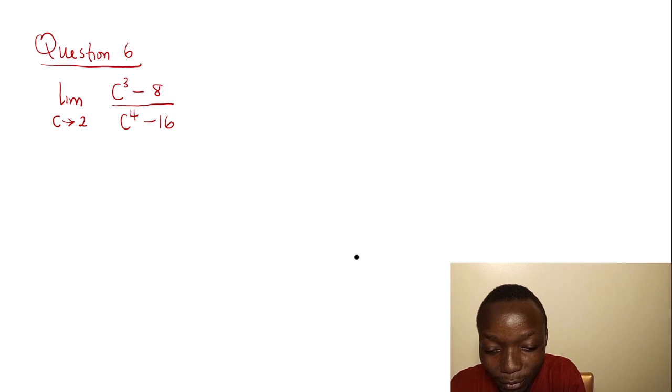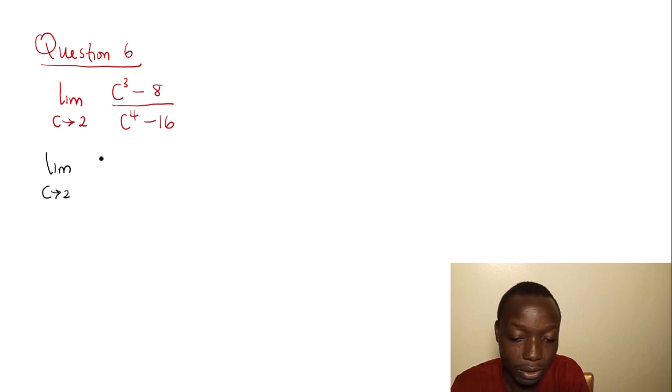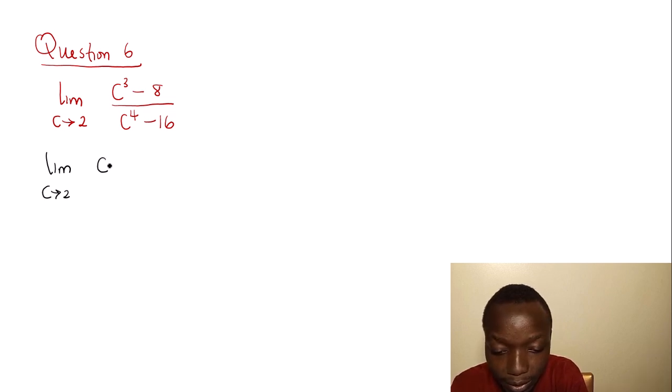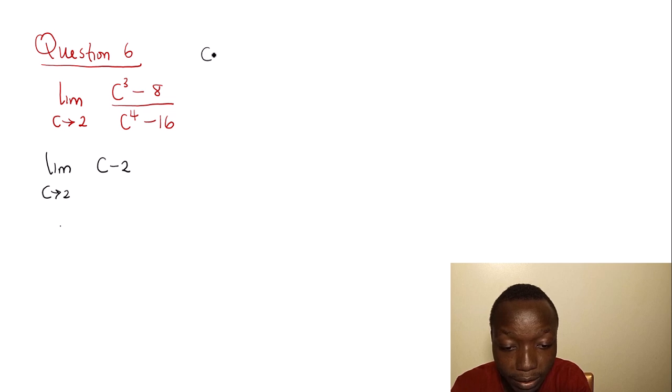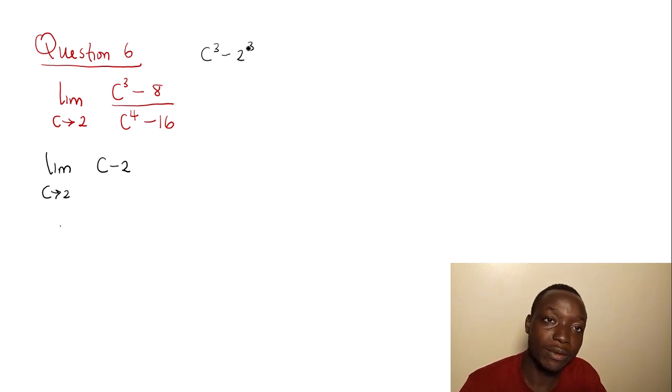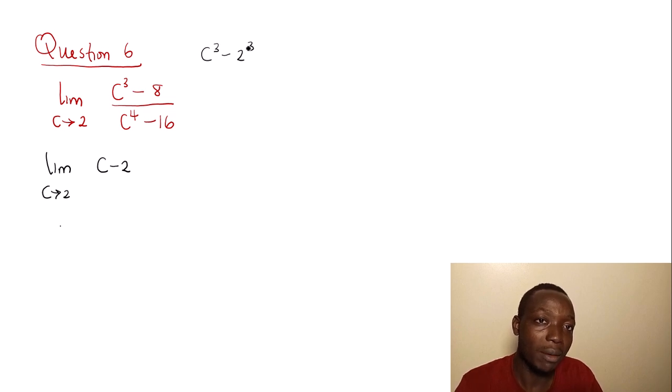So if you factorize this, you're going to have c approaches 2. The difference of 2 cubes, c cubed minus 8, is going to be (c - 2). You have to write it as c cubed minus 2 cubed. And the rule is that a cubed minus b cubed gives you (a - b)(a squared + ab + b squared).